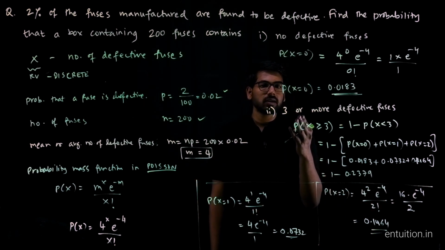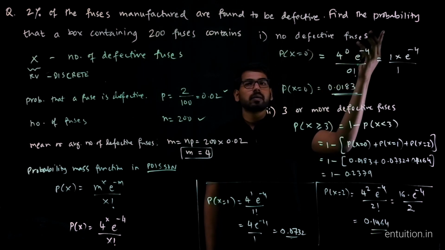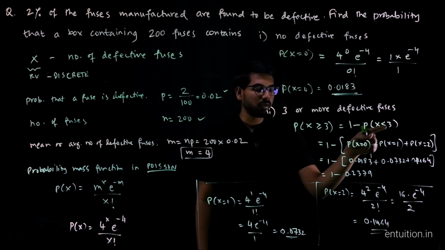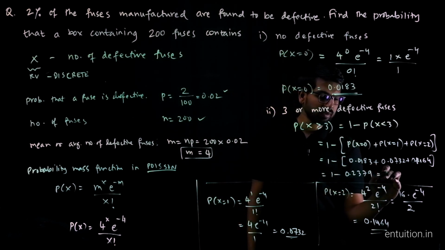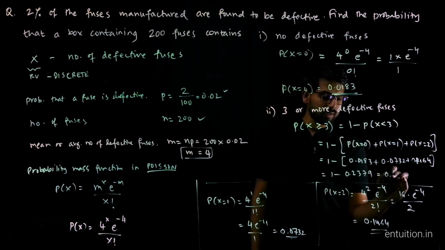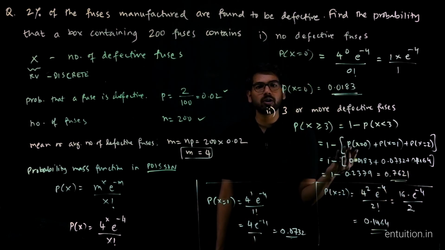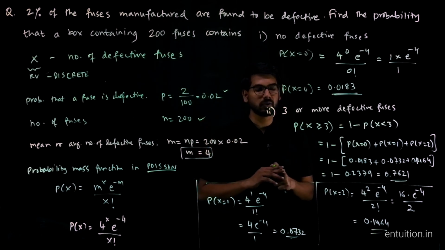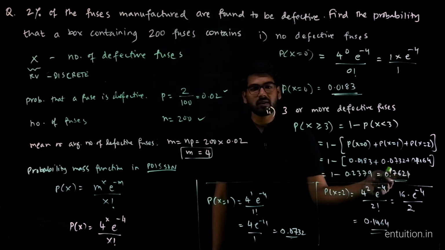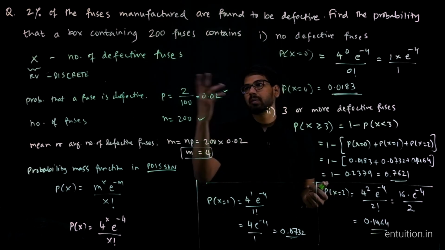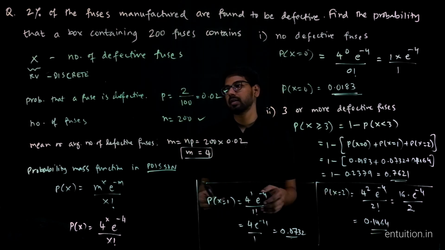So probability that in a box containing 200 fuses, we will have 3 or more defective fuses is 1 minus 0.2379, which is nothing but 0.7621. So there is a 76% chance that there will be 3 or more defective fuses in a box containing 200 fuses. So there is 0.76 probability that there will be 3 or more defective fuses in a box containing 200 fuses.